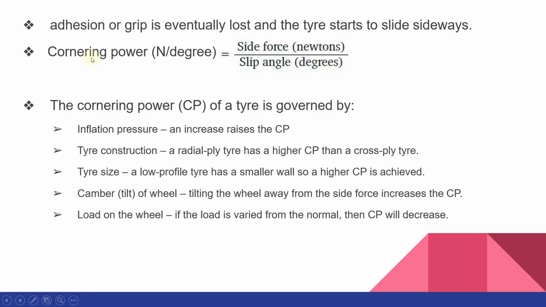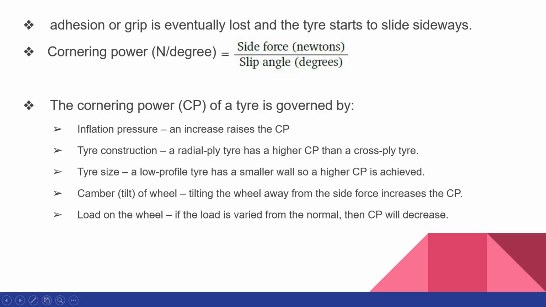And another ratio is the cornering power. It is given by the ratio of side force, expressed in newtons, divided by the slip angle in degrees. The cornering power of a tire is controlled by certain conditions. First, inflation pressure, that is the pressure at which the tire is inflated.